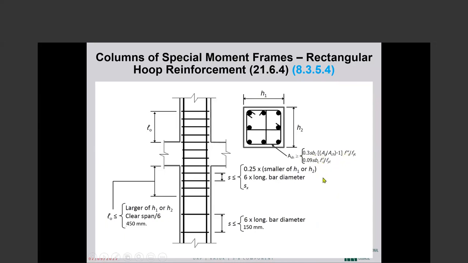So as we go from 4 ksi to 6 ksi to 8 ksi concrete, the required cross-sectional area of transverse reinforcement increases. Okay, so that means that for the same bar size, the spacing has to be tighter and tighter.